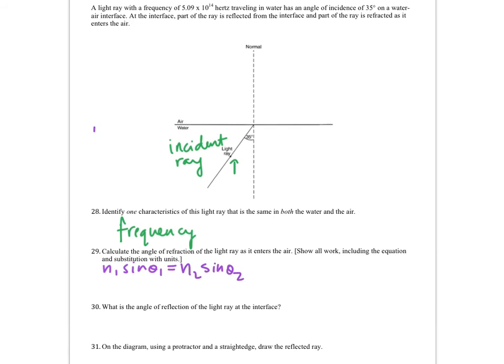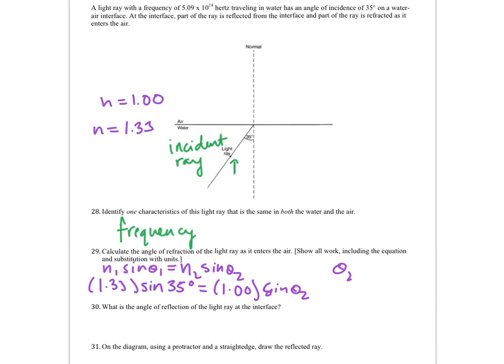The index for water, because it's the incident medium, is 1.33, and air is 1.00. So here we substituted in 1.33 times sine of our angle, which is 35 degrees. Air is 1.00, and we're looking for sine theta 2. Theta 2 then.